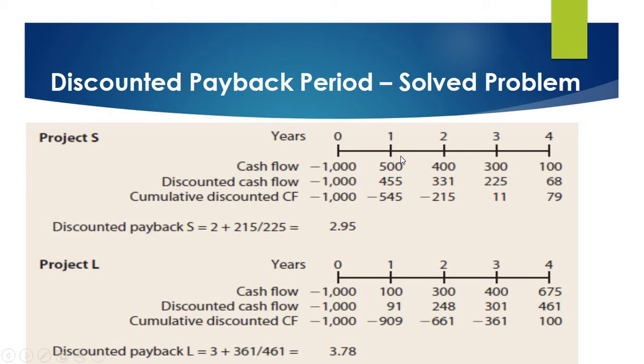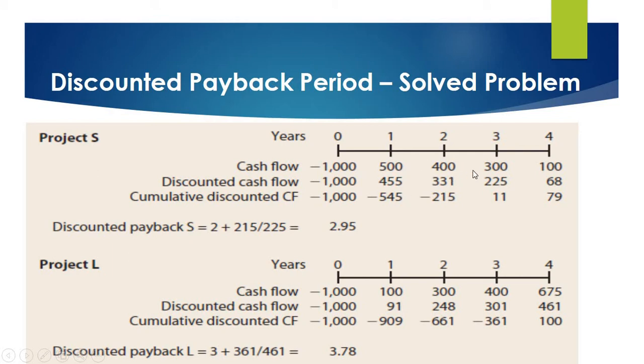Now let's look at the cash flow of project S in year 1. It will generate $500. The present value of this $500 is $455 using a 10% discount rate. So 500 divided by 1.10 to the power 1 is $455, the present value of 500.